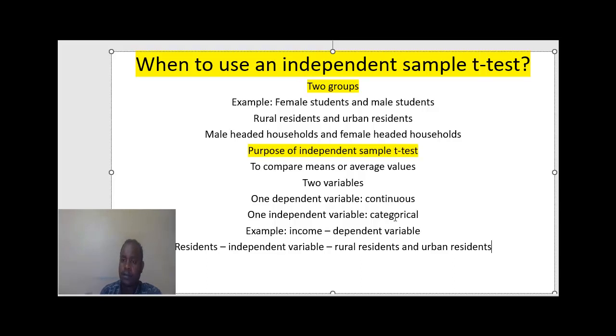Okay, when a variable is measured in terms of natural number, then that variable is said to be a continuous variable. Okay, like income, age. You use a natural number to measure age, and you say 20 years old, 30 years old, 45 years old, and like that. Income 2,000, 3,000, like that. And height, 1 meter and 50 centimeter, 1 meter 80 centimeter, like that.